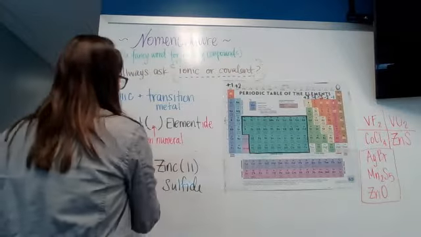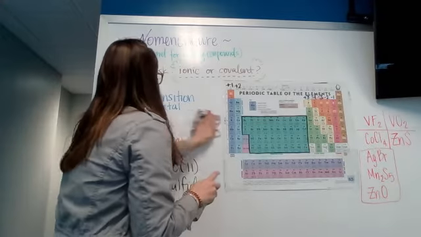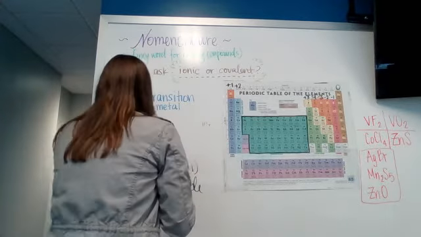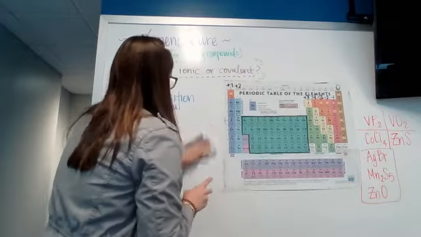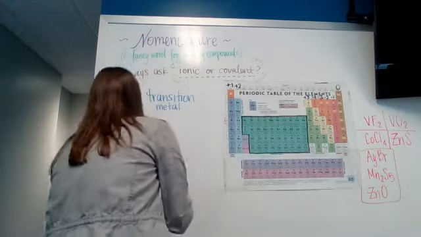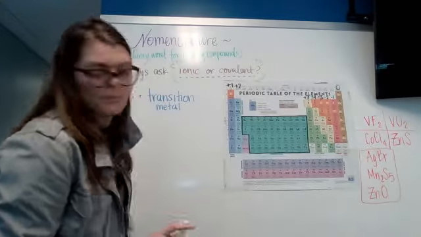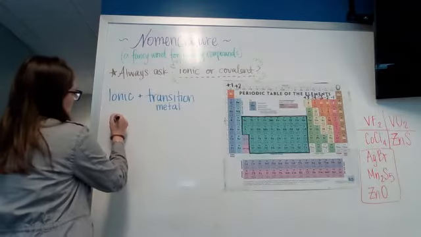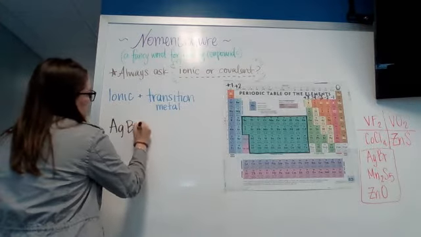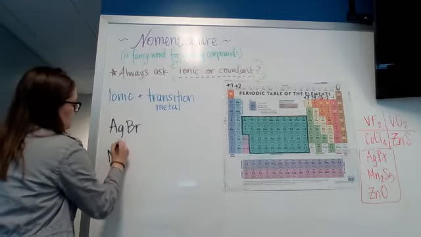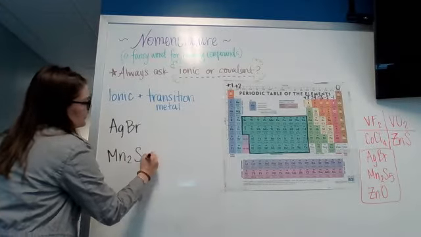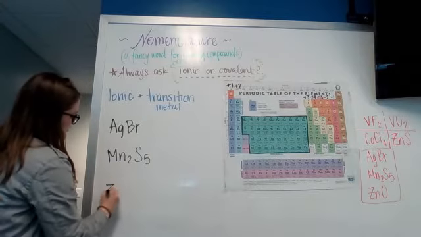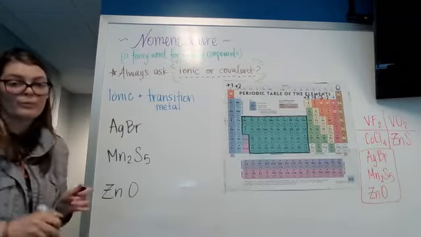Okay, I'm going to give you 3 examples to do on your own. Okay, so the 3 I would like for you to do are AgBr, Mn2S5, and ZnO.